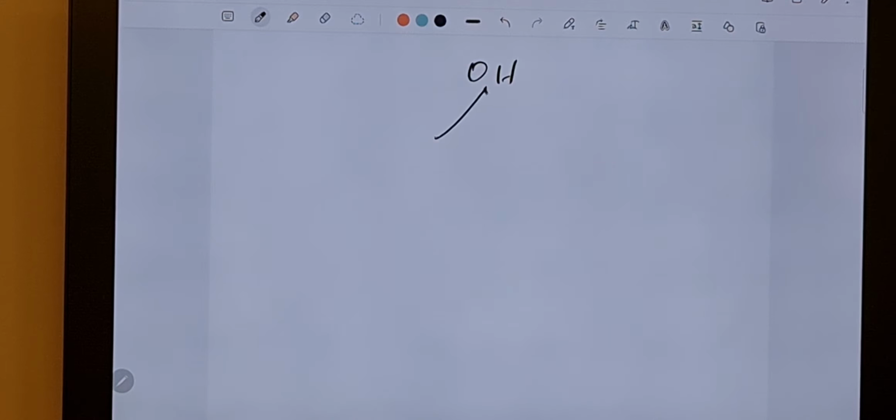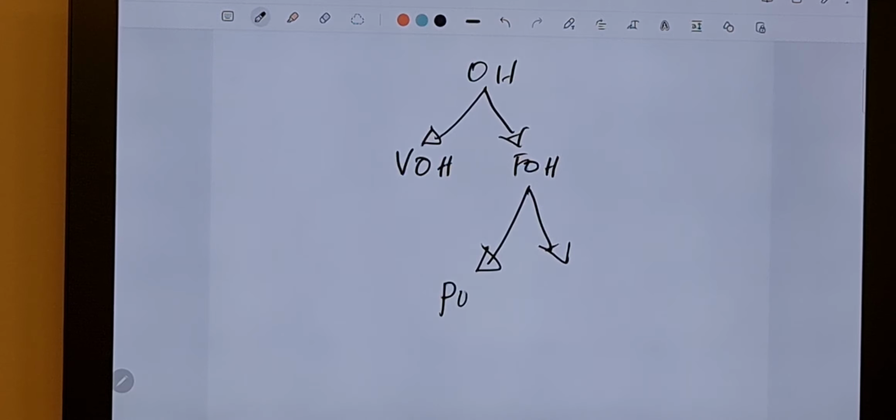These overheads you can put into two elements, which we will discuss later. One is called variable overhead, the other one is fixed overhead. You can also divide them into two: production related and non-production related.